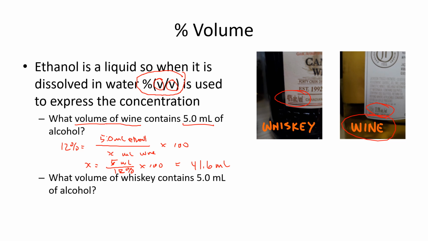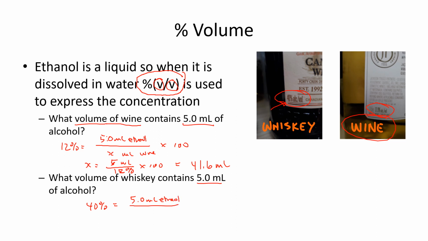All right, whiskey is a lot more concentrated. You can see it's 40% alcohol by volume. And so to calculate the amount that you need in order to obtain 5 milliliters of alcohol is going to be less, right? So we got 40% this time. We, again, are looking for 5 milliliters of the ethanol.